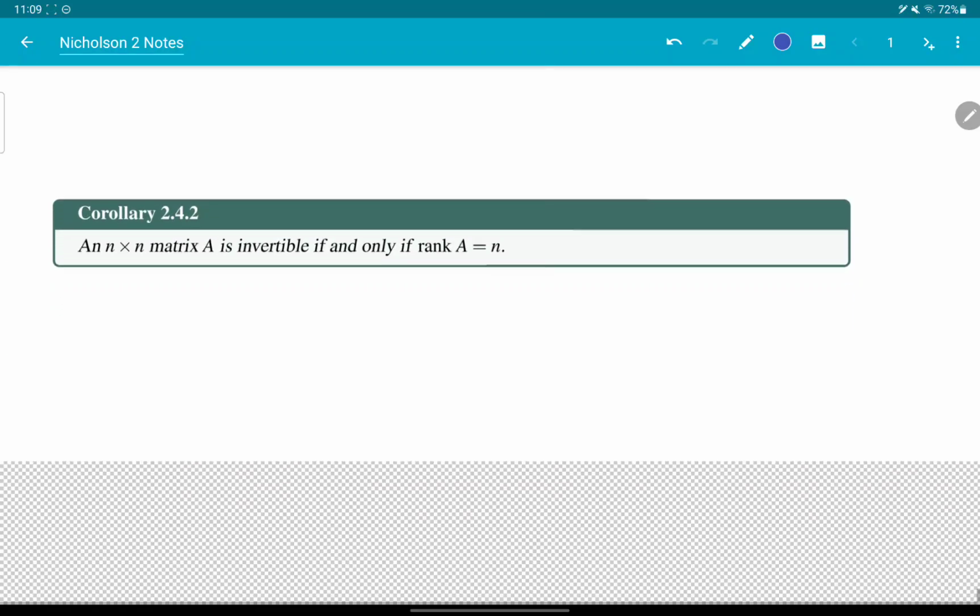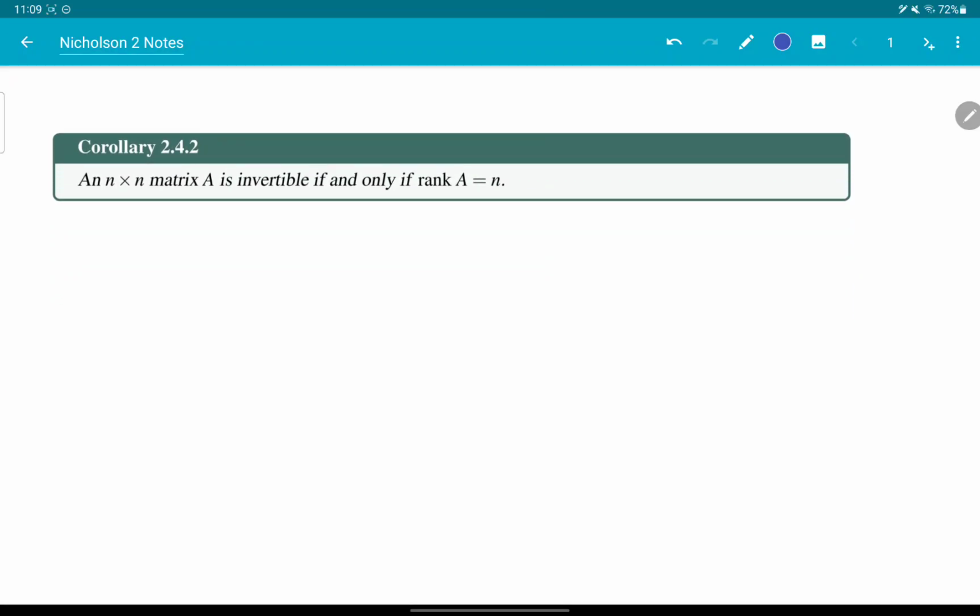Okay, another corollary. This one's fairly straightforward. So if A is invertible, what does that mean? We've already seen that A is invertible if and only if A can be reduced to I by row operations.